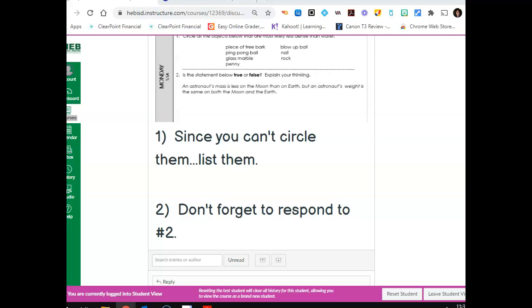All right. Raise your hand if you want to share what you have for number 1. What do we have for number 1? Saini. You think a penny will float? Yeah. You think a penny will float?